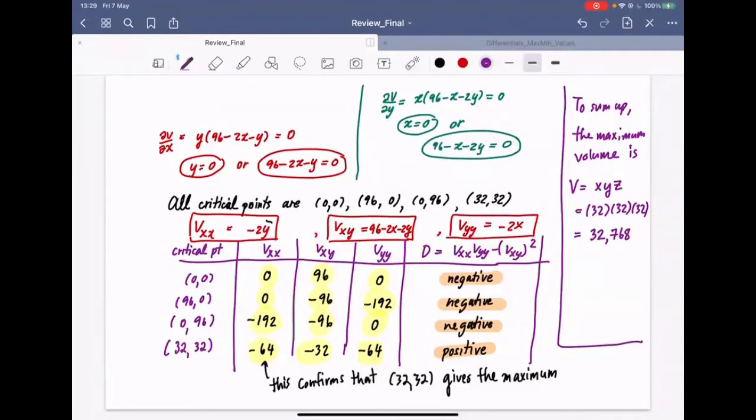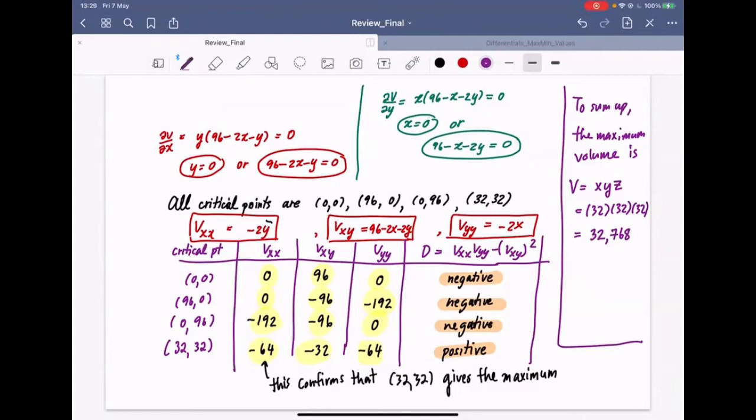I do not expect many critical points on the exam, because you only have 15 minutes. So you can do the question quickly. Okay, any more questions on this problem?